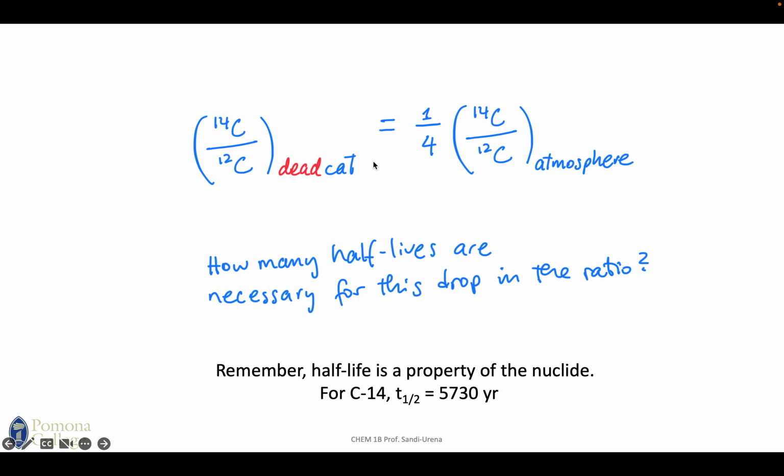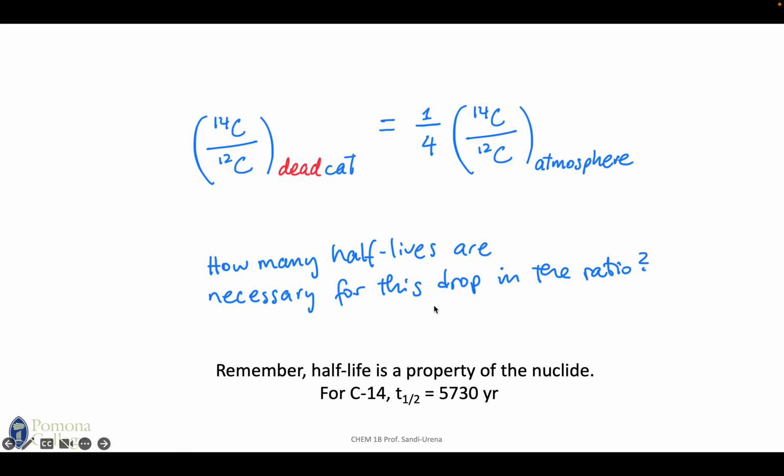Okay? If it goes down to 1/2, we would call that a half-life. If it goes down to 1/4, that would be 2 half-lives. And we know the half-life for carbon-14 because it's a constant. Of course, I'm using here a very immediate example, but that can be any value.